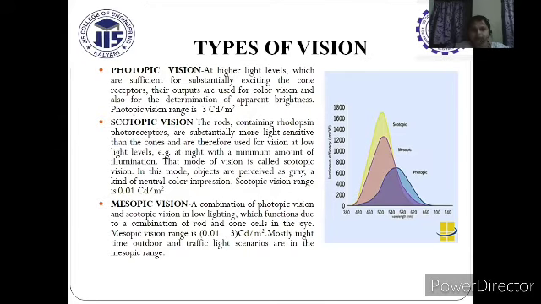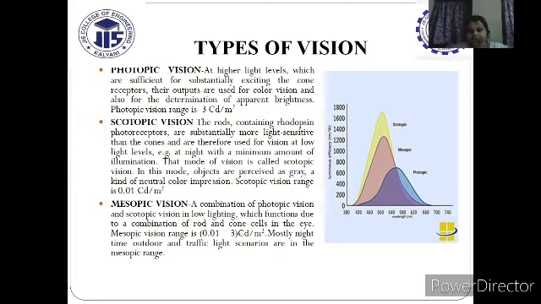So in between photopic and scotopic vision, there is another vision called mesopic vision. It is a combination of photopic and scotopic vision. Mesopic range is 0.01 to 3 candela per meter square. Mostly nighttime outdoor and traffic light scenarios are in the mesopic range.